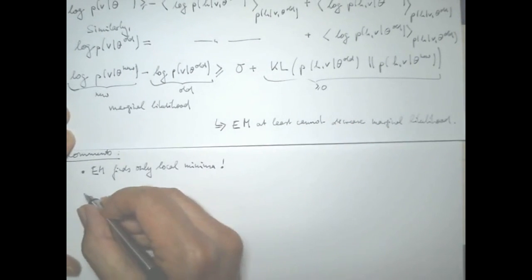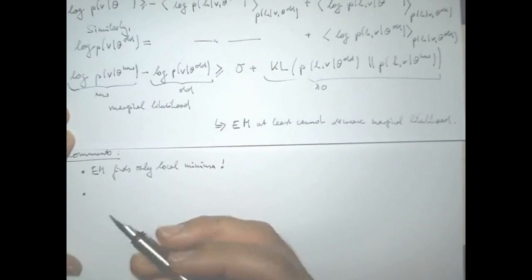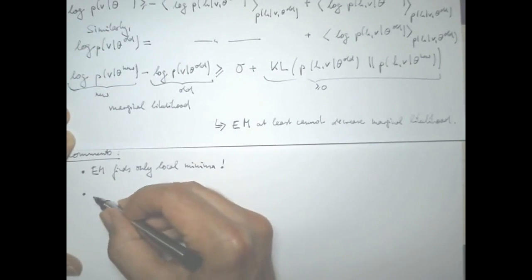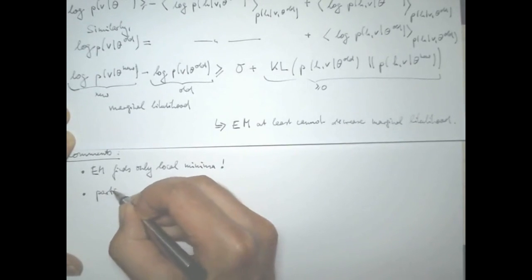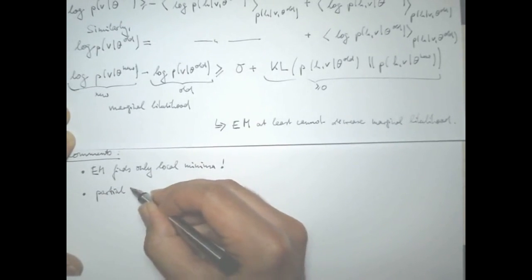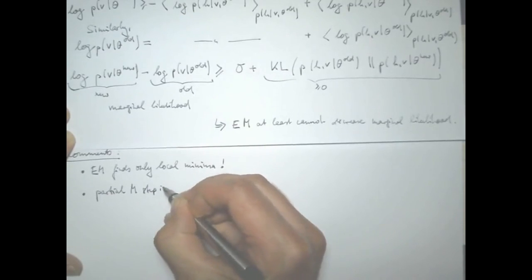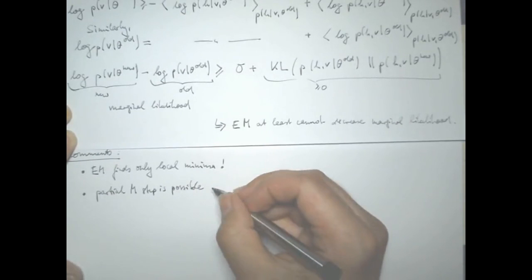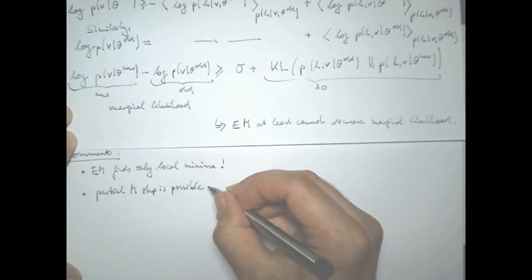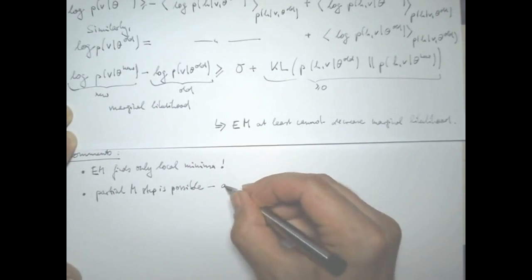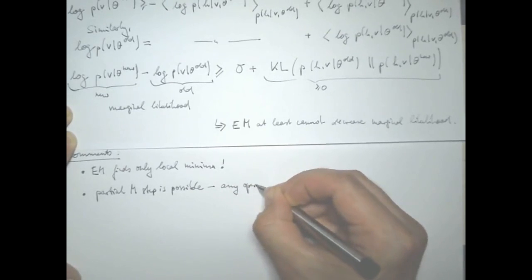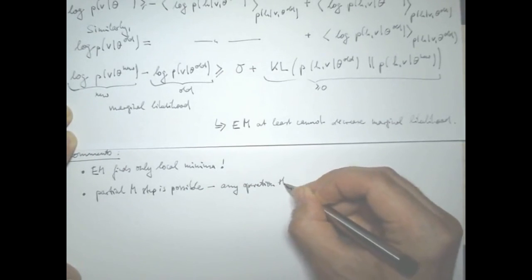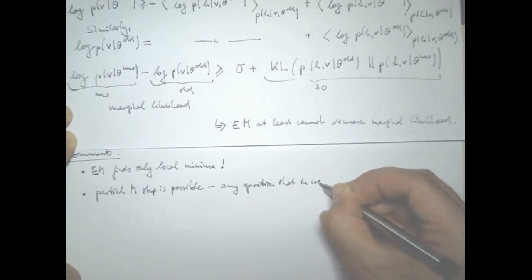Then we had the two steps, the E step and the M step. The M step is more forgiving, so using just an approximate or a partial M step is possible. Meaning that any operation that increases, let me write the energy for short.